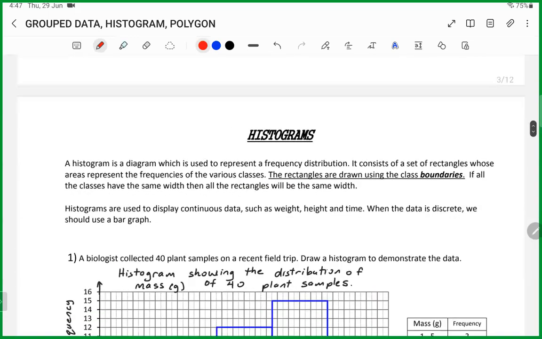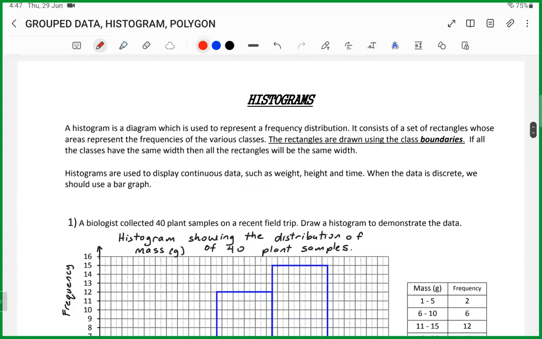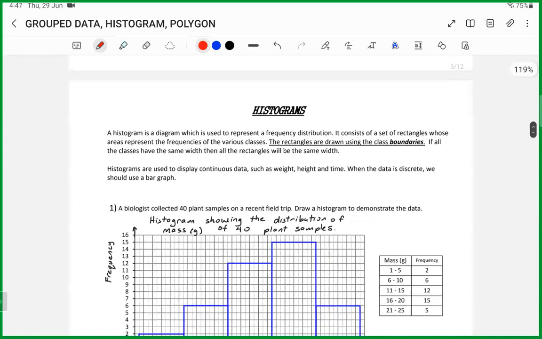So now we are moving on to histograms. A histogram is very similar to a bar graph, right? The difference is a histogram is used for continuous data, so usually grouped data. Whereas in a bar graph, you could draw the bars touching one another or not. You tend to leave spaces between the bars on a bar graph, but not every single time.